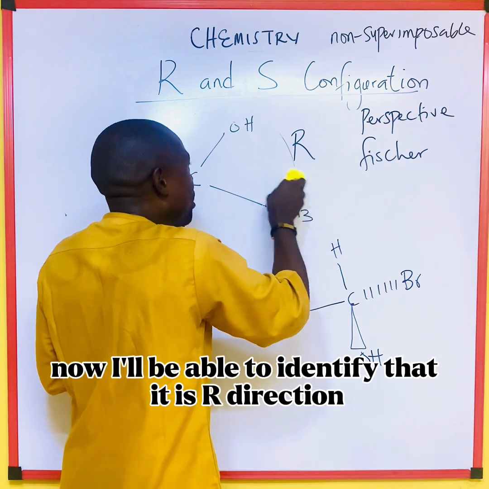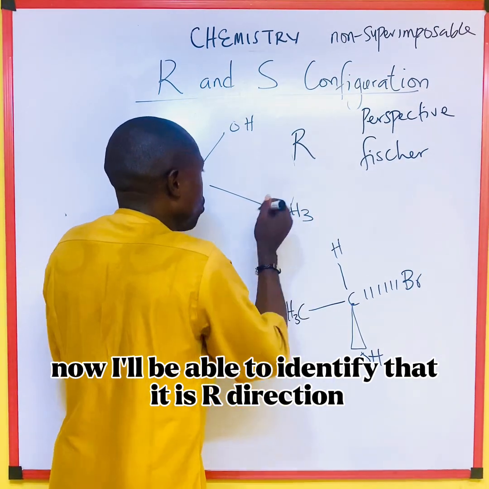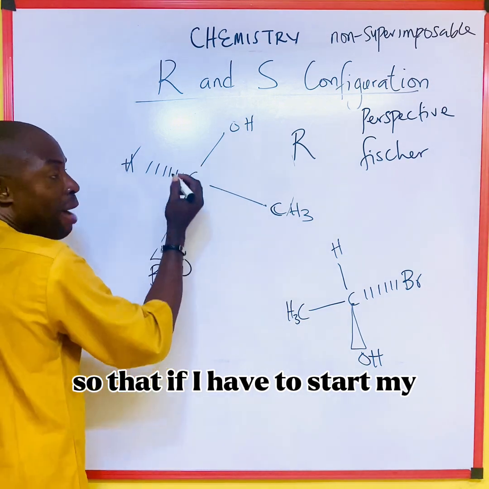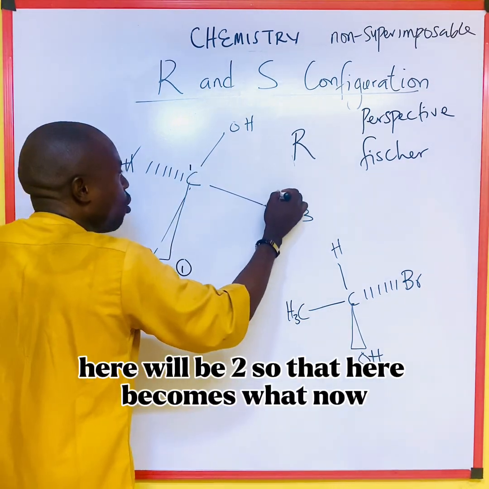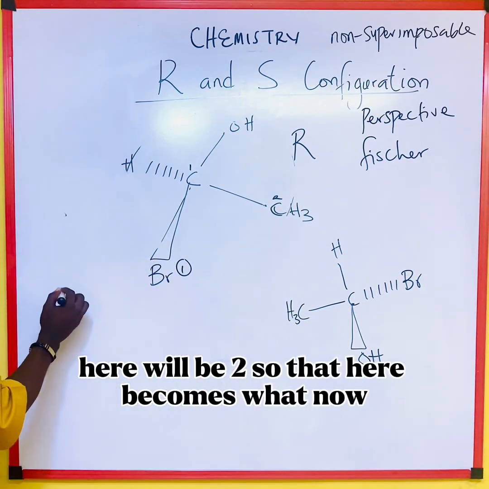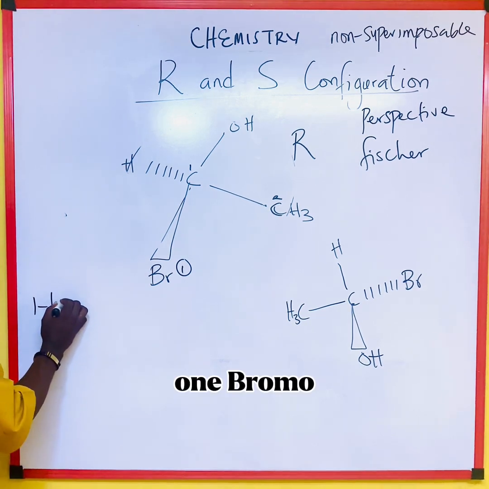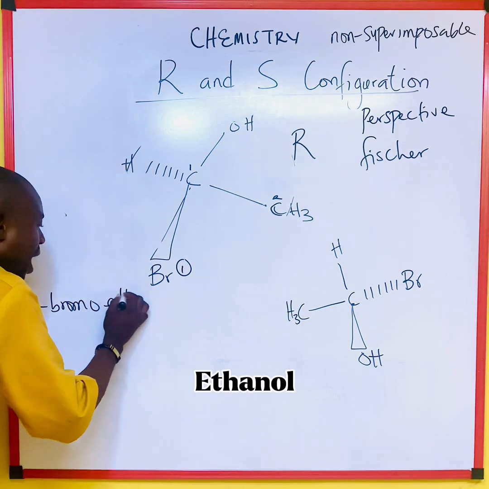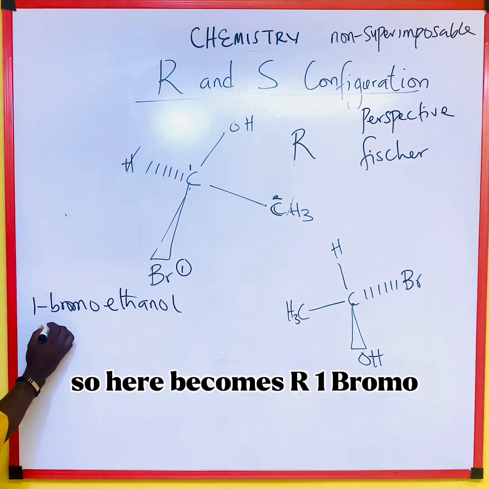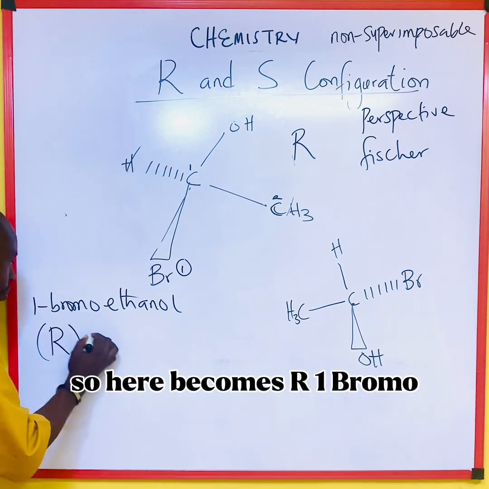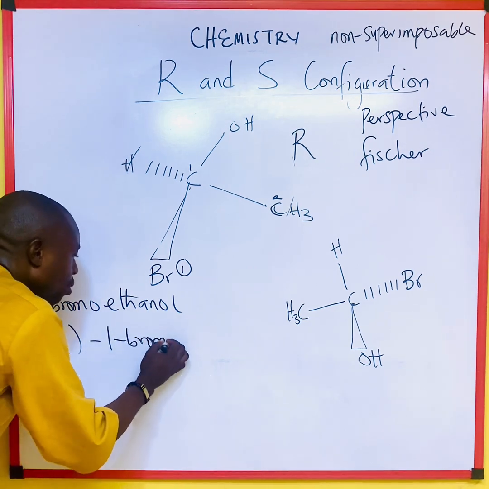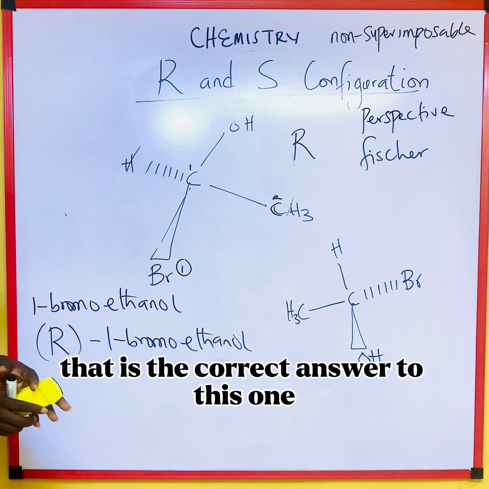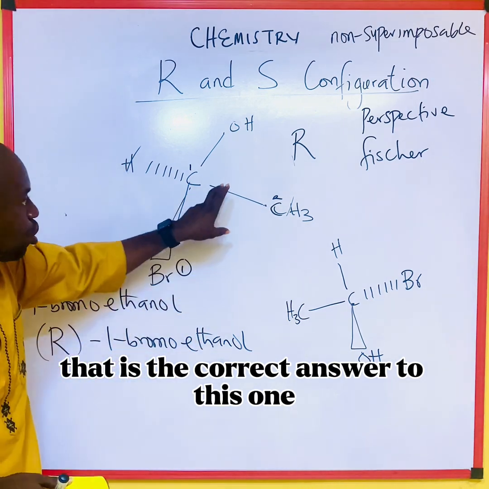Now I'm having just 2 carbons here, so if I'm to start my numbering, here will be 1, here will be 2. So here becomes what now? 1-bromo, right? Ethanol. So here becomes R-1-bromoethanol. That is the correct answer to this one.